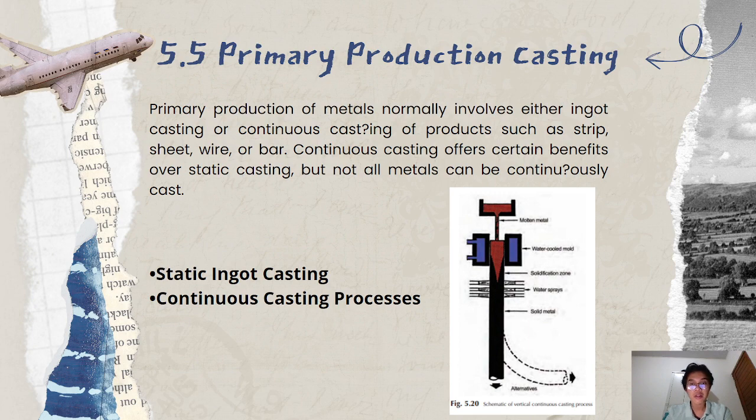You can see the picture, a schematic of the vertical continuous casting process. First is molten metal, second a water-cooled mold, third the solidification zone, fourth the water spray, and fifth solid metal. This is an alternative to static ingot casting and the continuous casting process.